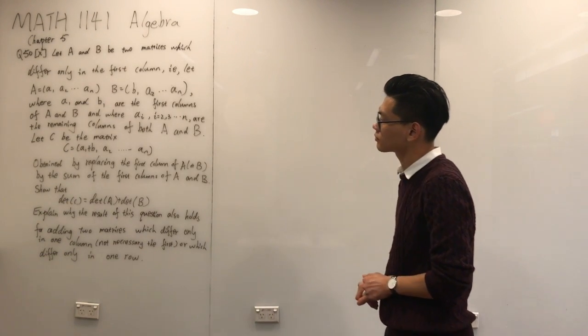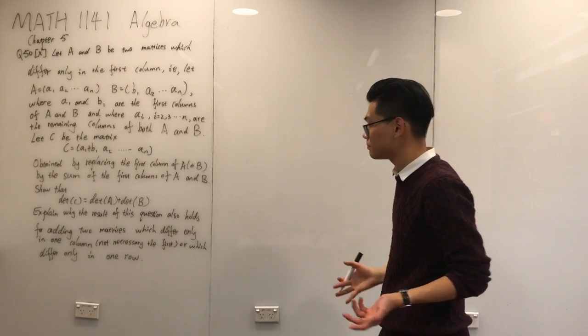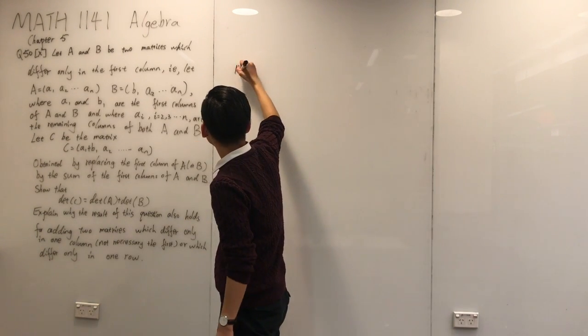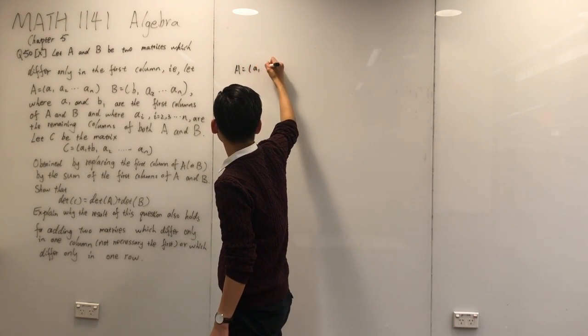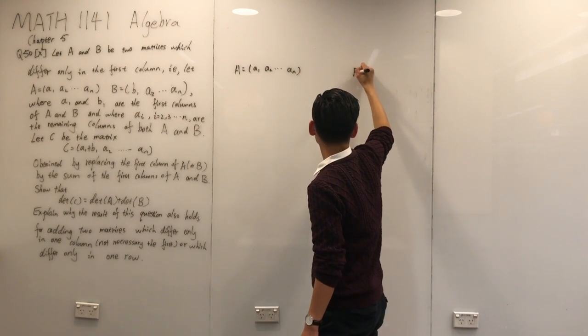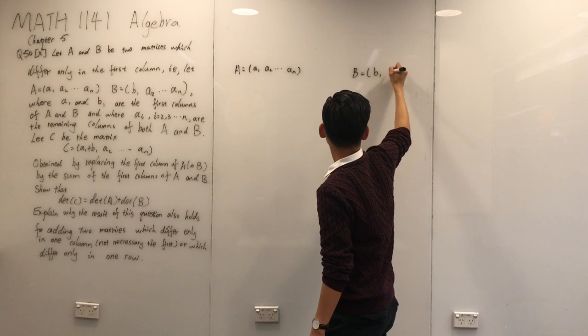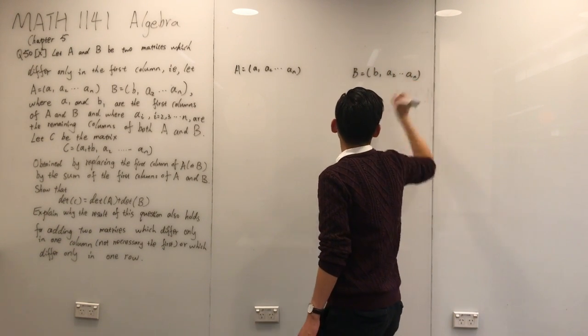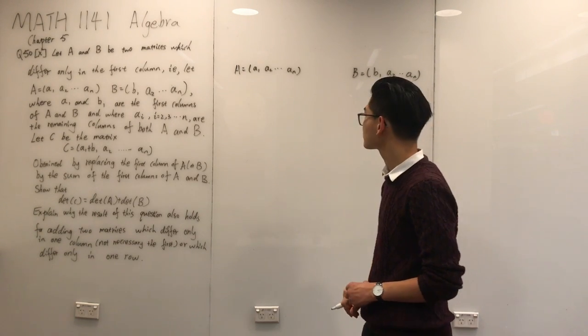Okay. Now let's look at this question. So A equals A1, A2 to An. Right?